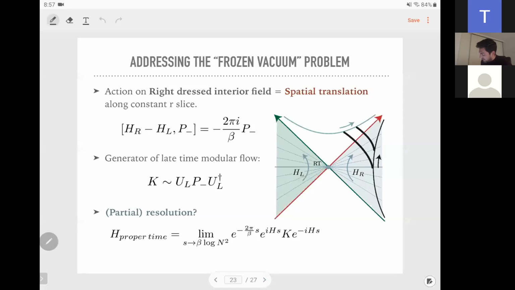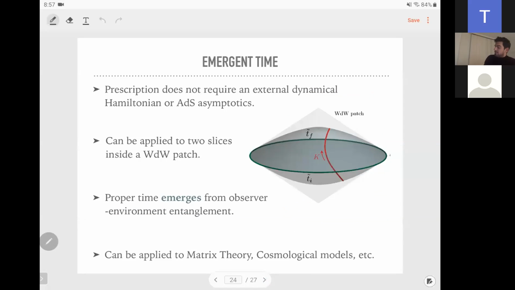I'll just end with a comment that what I described to you is a first step towards understanding time in a quantum gravitational system. The notion of time I described, this internal notion, the construction of the clock of an internal observer, is a natural notion of emergent time.